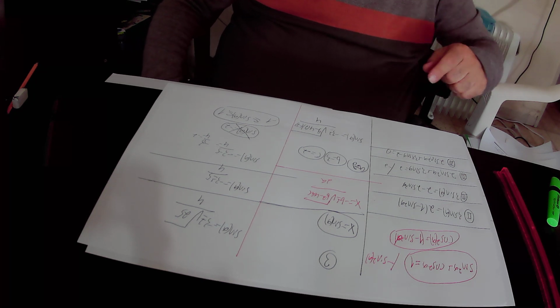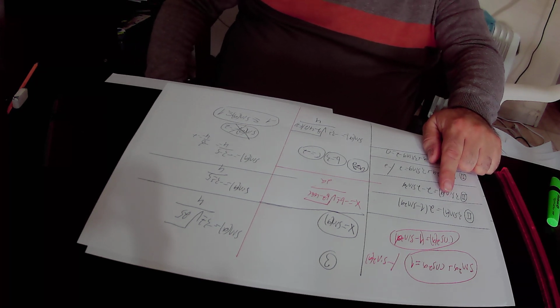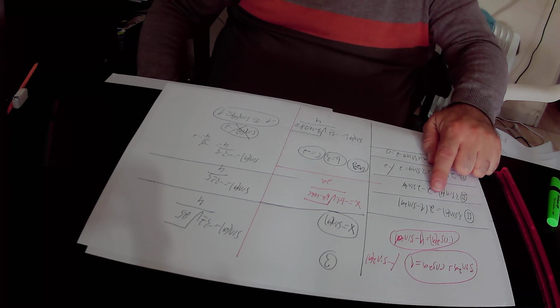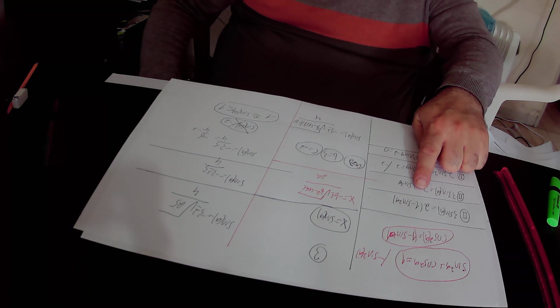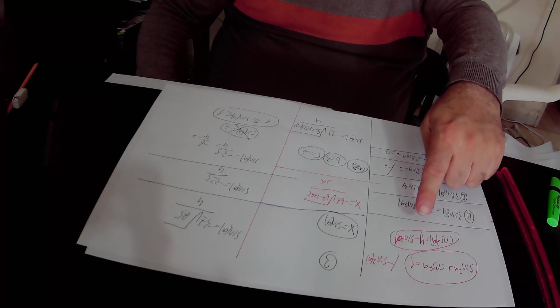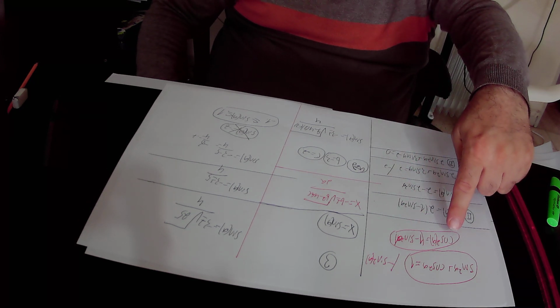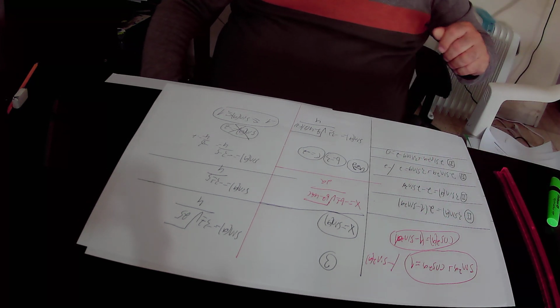We did it and we got that according to equation number 2, 3 sine alpha equals 2 times cosine square alpha, but cosine square alpha equals 1 minus sine square alpha according to this trigonometric identity. Okay?